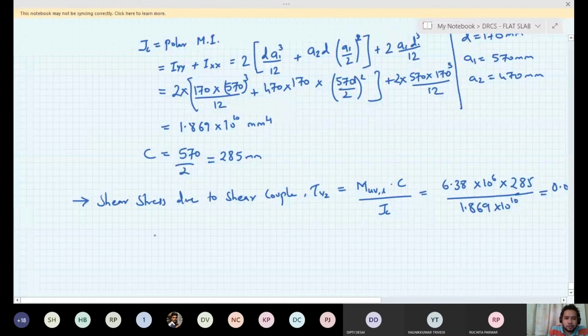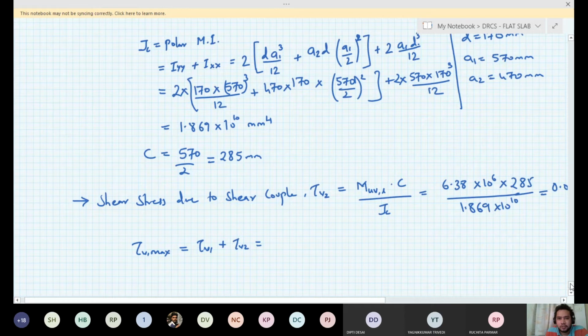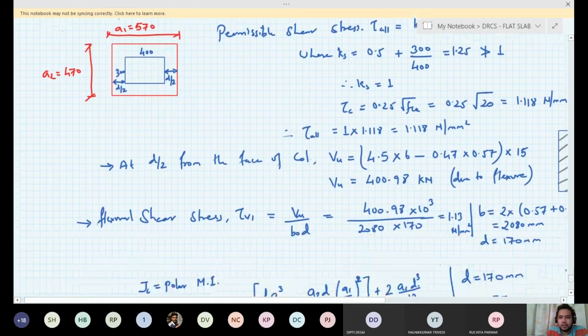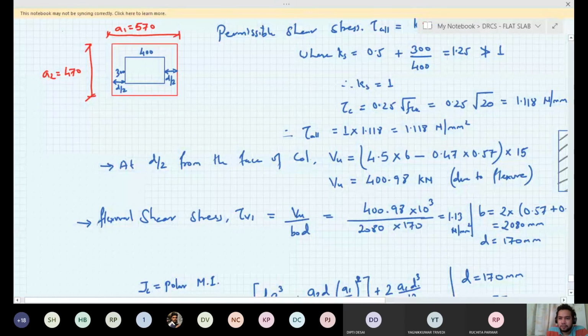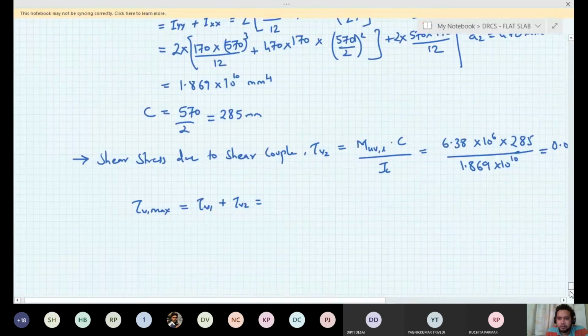So tau v maximum shear stress will be tau v1 plus tau v2. So tau v1 was due to the flexural shear. The value is 1.13 plus 0.097.